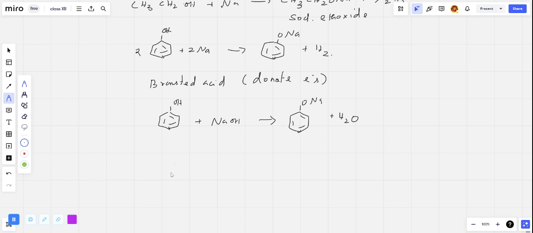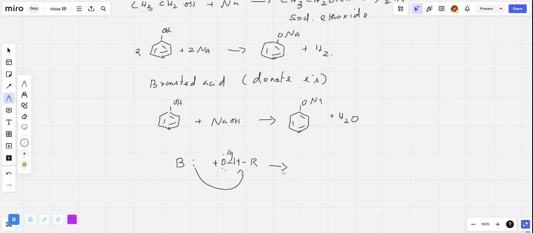For example, if you take a base, this is a base, and an alcohol is an acid. In ROH, oxygen has two lone pairs of electrons. The electrons from the base will be transferred to this hydrogen, and the hydrogen and oxygen bond will be broken.